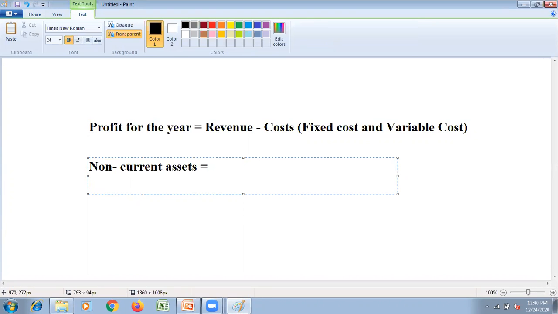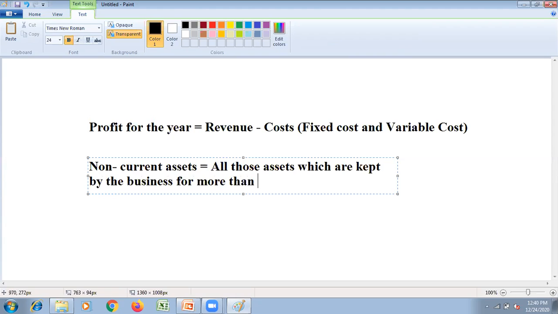So, non-current assets are all those assets which are kept by the business for more than 1 year. Now, why are they kept by the business for more than 1 year? Because the purpose is not to sell it. The purpose is to use those assets to produce goods and services, right?